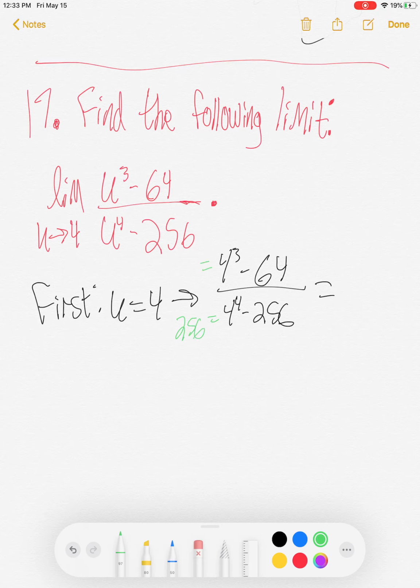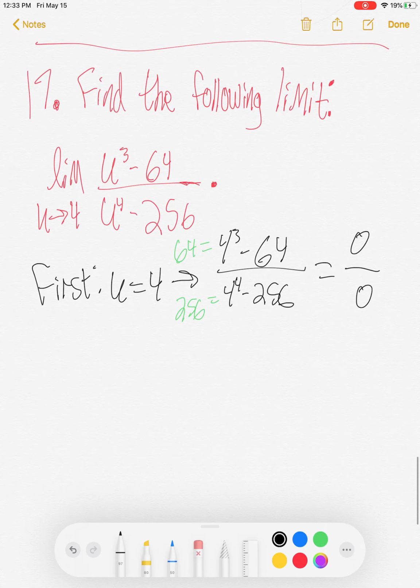You all know your fourth powers of the integers, I assume, off the top of your head. That's a joke. I certainly don't know mine. You are not expected to. But anyways, it does turn out that 4 to the 4th is 256, 4 cubed is 64. And so this gives me, again, a 0 in the denominator, which is bad. And we are sad again.